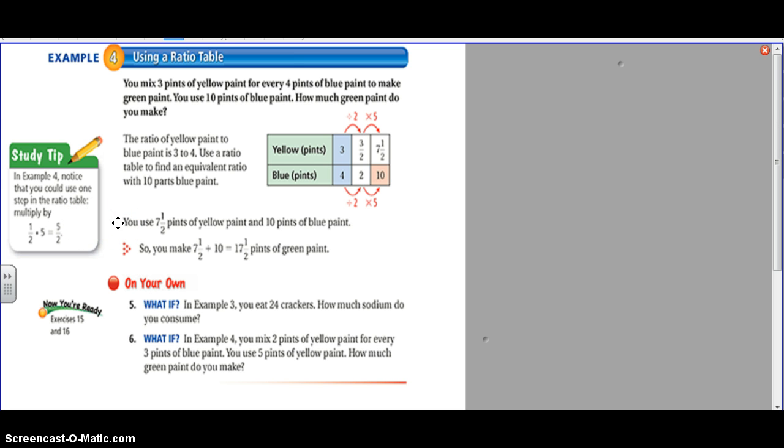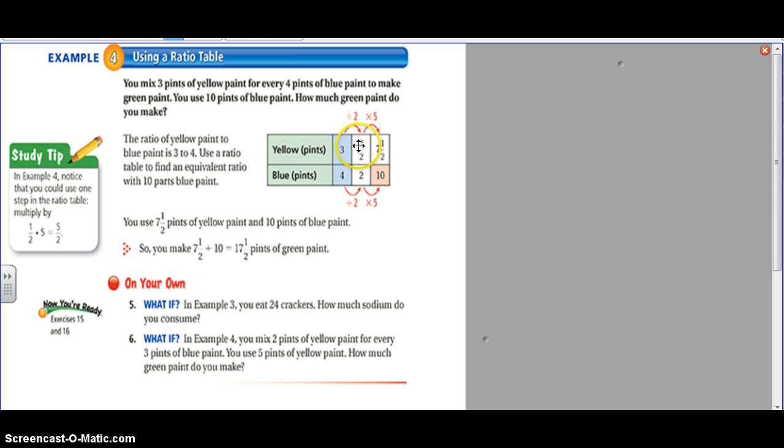Now, you use 7.5 pints of yellow paint and 10 pints of blue paint. How did they figure that out? Well, they did 4 divided by 2 is 2. Okay? And then they knew that 2 times 5 is 10. If you did that, you have to do the same thing on top.